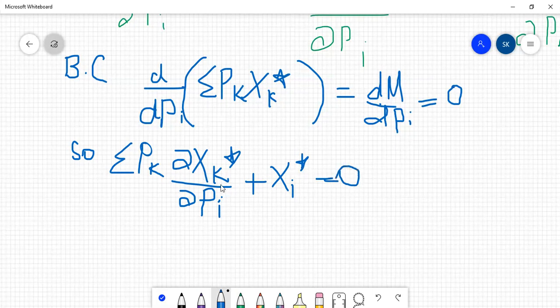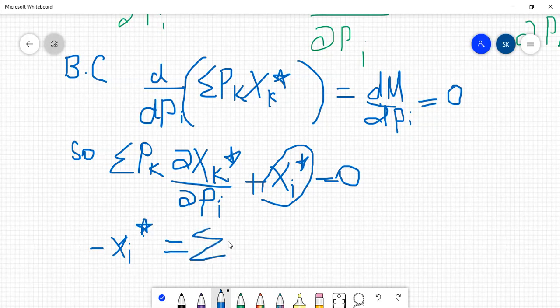Let me rewrite it so that it's easy for you to understand further. Now we will shift the xi star to the left hand side. Therefore we get minus xi star is equal to summation Pk curly xk star divided by curly Pi.